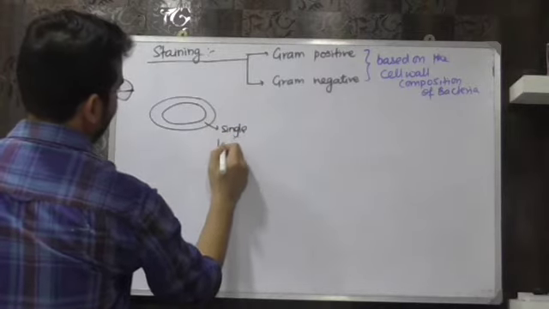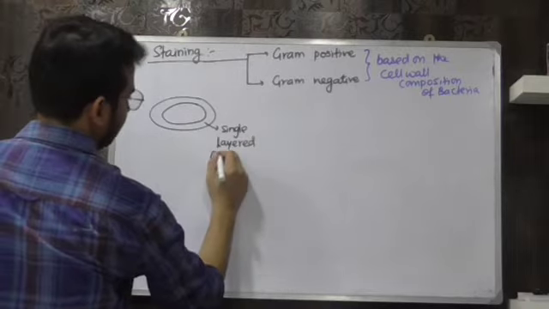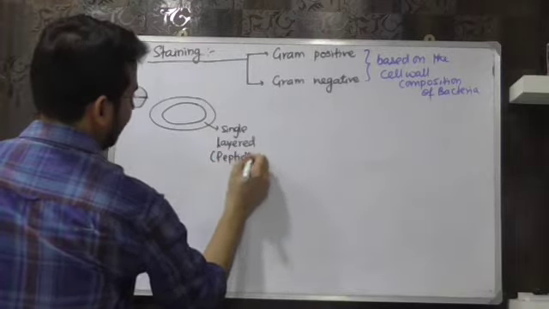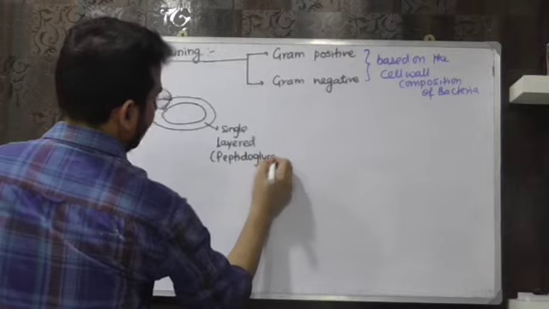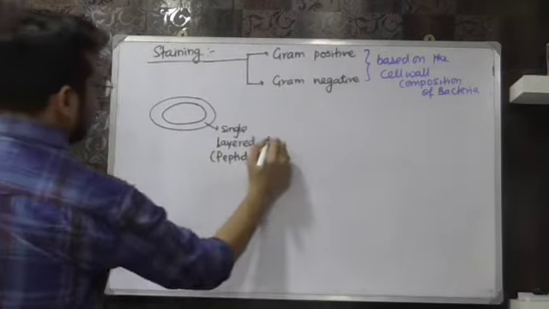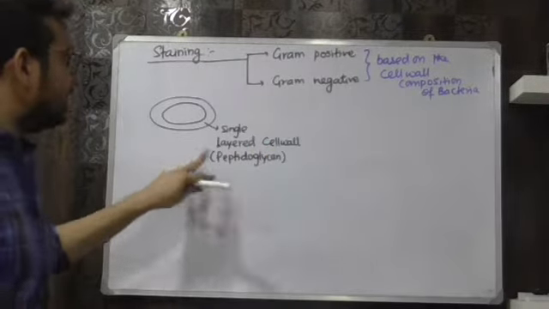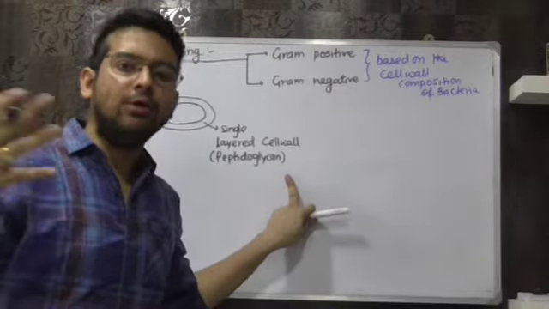This is a single layered bacteria. What is this layer made up of? We are talking about the cell wall, a single layered cell wall. The cell wall of this bacteria is made up of peptidoglycan.